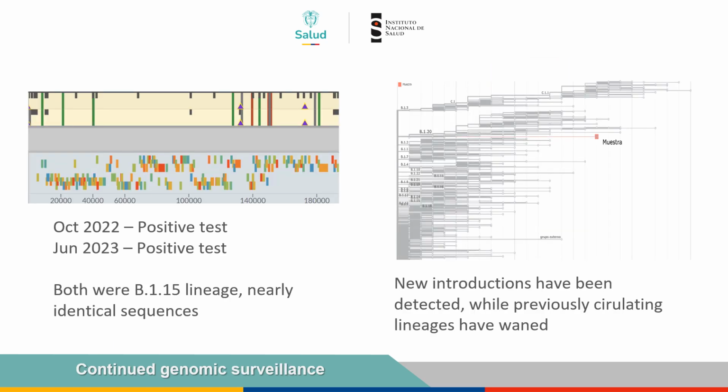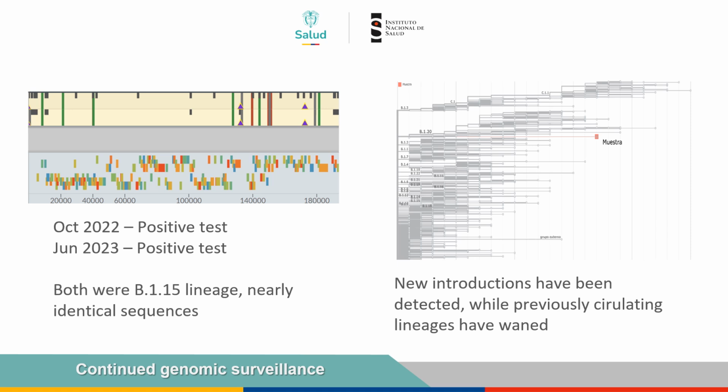These analyses have provided context in which we can analyze cases of interest and different outbreaks which have occurred since 2022. Some of the cases have presented multiple positive tests after a long period, which could indicate a new infection with a different lineage or continued or persistent infection from the same lineage.